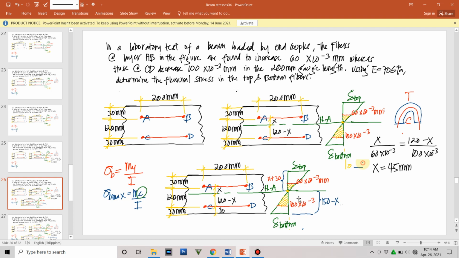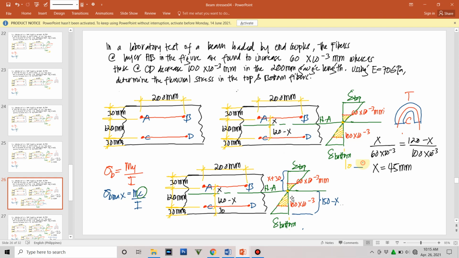Okay? So for the upper triangle here, the dimension is x plus 30. So paano nakuha yung x plus 30? So we have denoted that this is x. So the overall height of that one, we'll just have to add 30 here. So that is x plus 30.